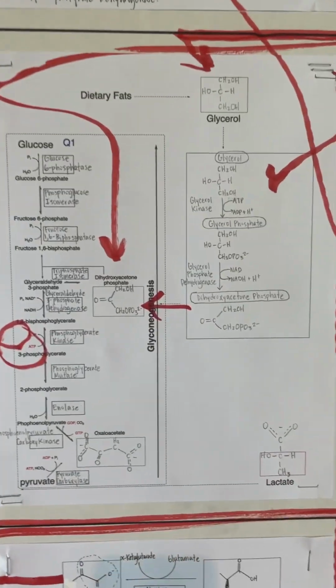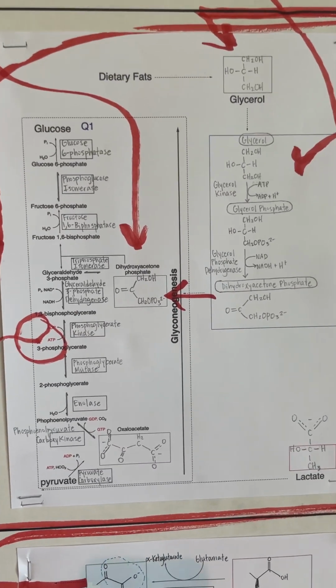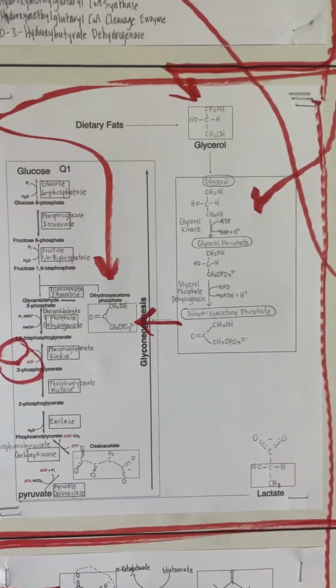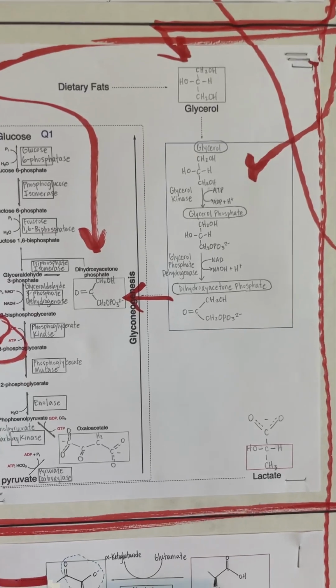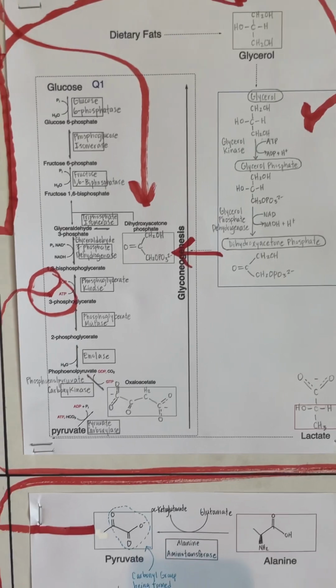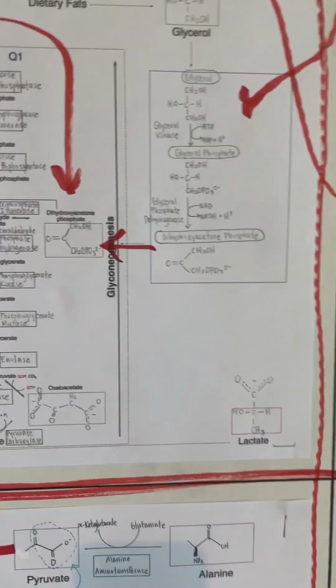And so we can start off with sugars or fats that we can take in through the body, and through the intake of dietary fats, we can form glycerol, which can be used in a few pathways here, gluconeogenesis or the glycolysis pathway through the formation of glycerol phosphate with the synthesis of dihydroxyacetone phosphate.